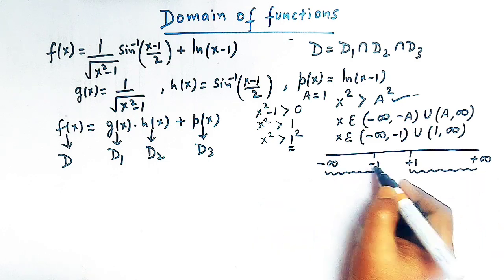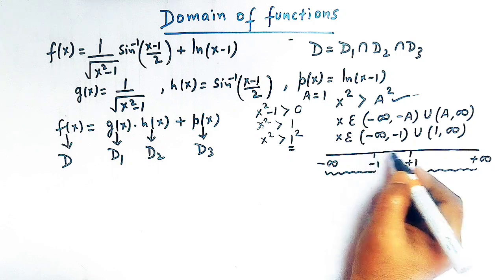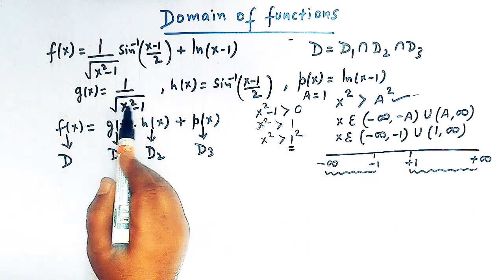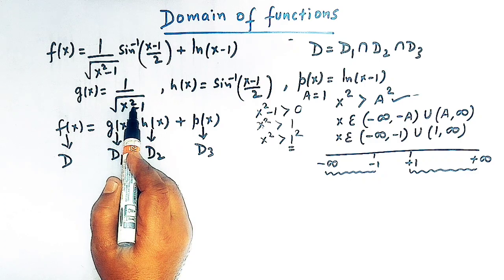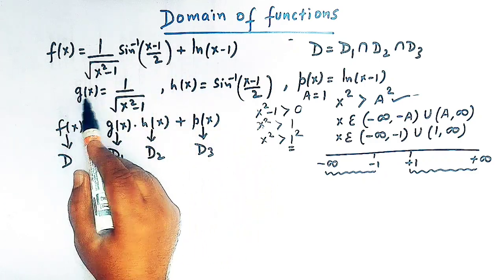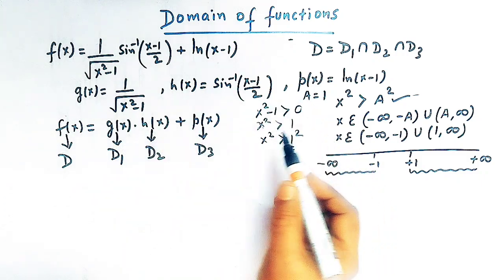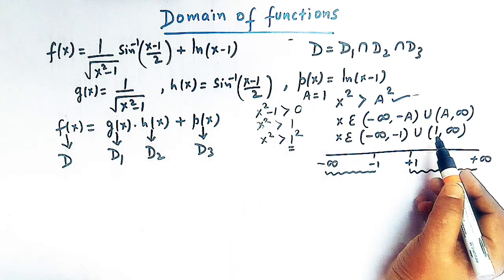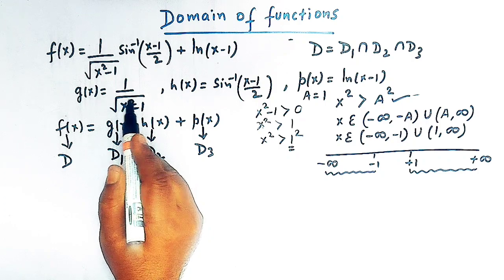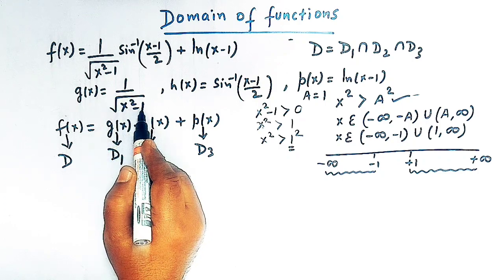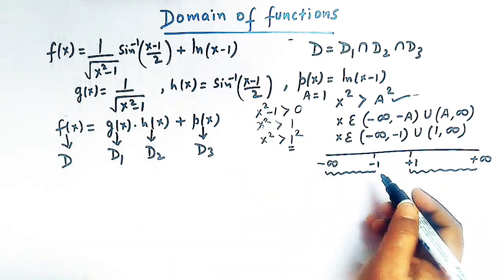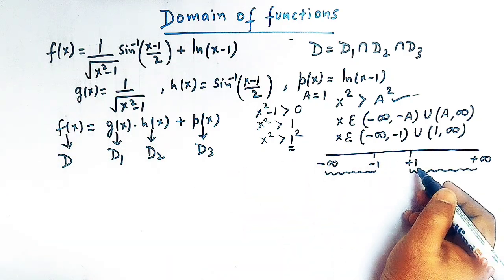So here minus 1 and 1 are not included, because x is equal to 1 gives us 1 square minus 1, that is 0, which can be discarded, because then the function g of x is not defined. And similarly, when x is equal to minus 1, then minus 1 square is positive 1, and 1 minus 1 is 0, and again the function g of x is not defined. So we have to discard minus 1 and 1.